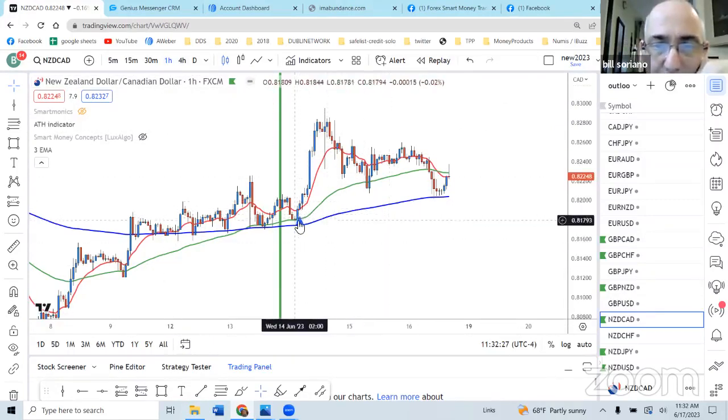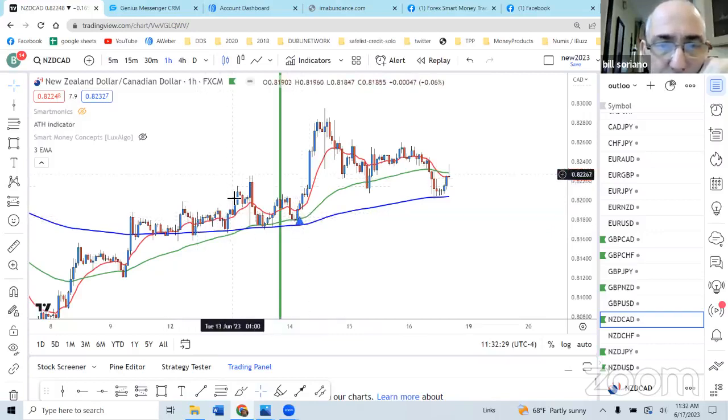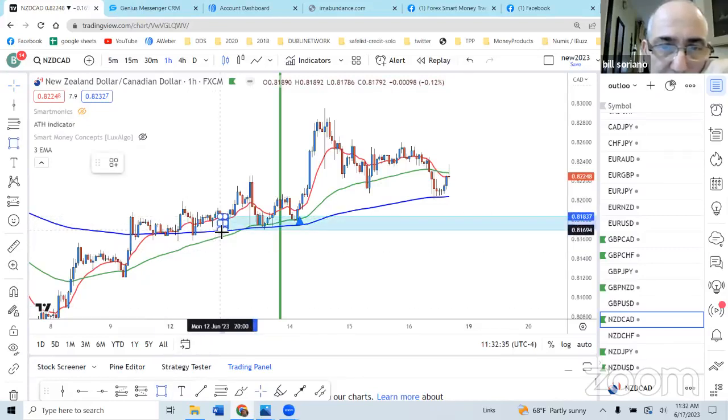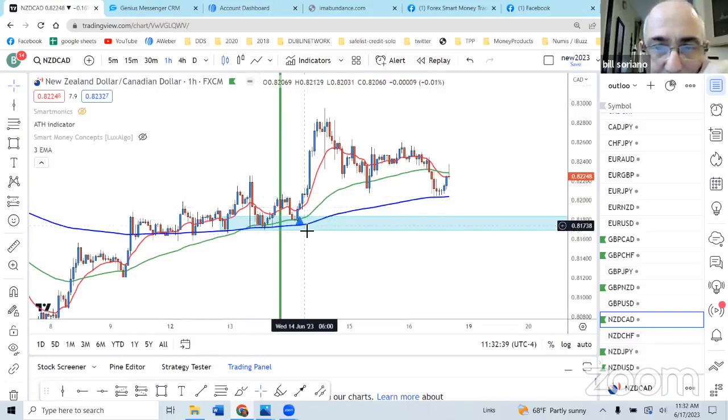Okay, here's the pullback, touches at 62. This is a smart money zone as well. We have a break of structure here. So this area is a smart money area. It gets hit once, moves up out of it, comes back a second time. Here's our ATH confirmation. Again, we can get in at the open of this candle to make sure we get in, or we can wait for a pullback and get a better entry, right?